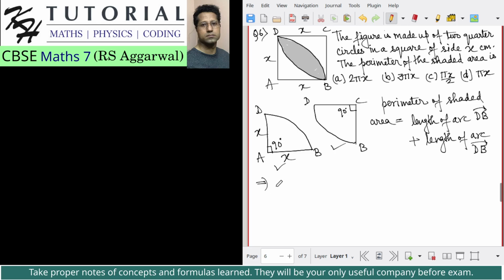So we can say that the length of the arc DB should be equal to 1/4 the circumference of the circle. So this should be equal to 1/4 multiplied by the circumference of a circle having radius x, which is 2 pi x. This is equal to pi x by 2.